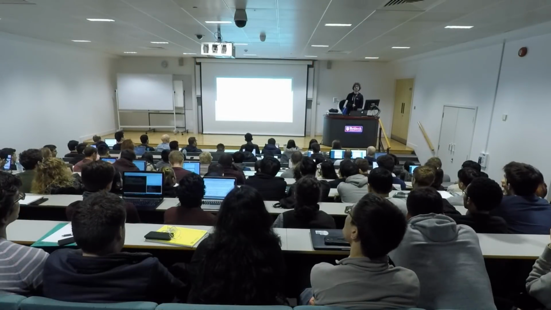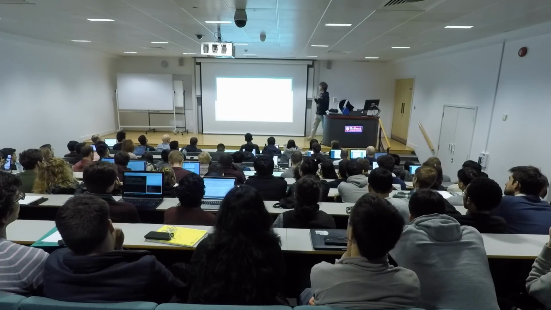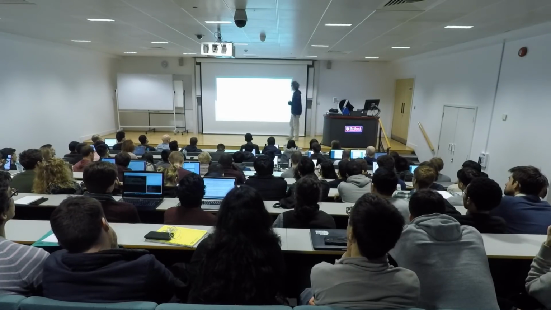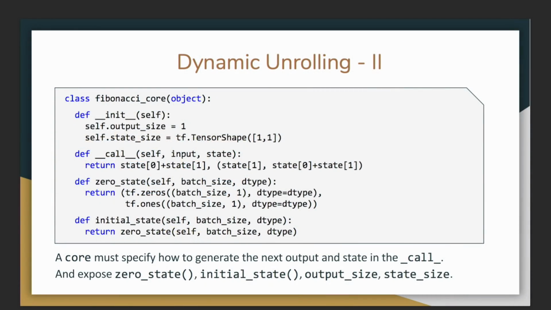And how would you implement this in TensorFlow? It's actually fairly easy. What you need to do is define a Fibonacci core. A Fibonacci core is something that has an output size of 1. At each step, it always gives you the next number in the sequence, and has a state size which actually has 2 dimensions, because you need to remember the previous 2 elements in order to continue. And then we can define the core, the same equation we had defined in pseudo code before, just like this.